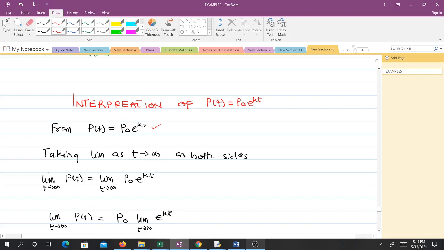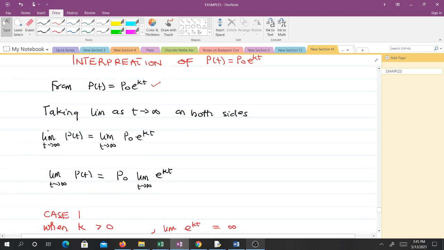So we get the limit as t approaches infinity of p of t equal to the limit as t approaches infinity of p naught e^kt. Since p naught is a constant, a number, you can bring that one outside and we'll have this.